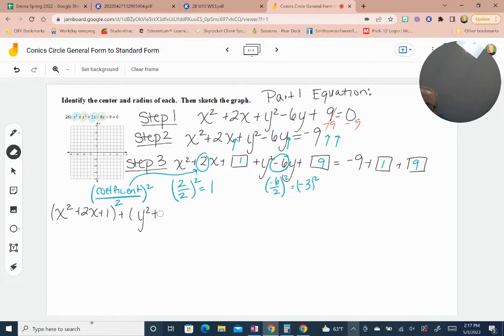It's a negative number, negative 6, plus 9. And then 9 minus 9 is 0, so that cancels out, so I'm just left with 1. Now we're going to do our perfect square binomial.